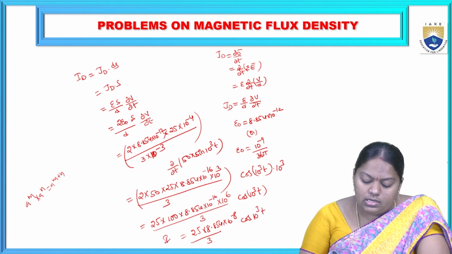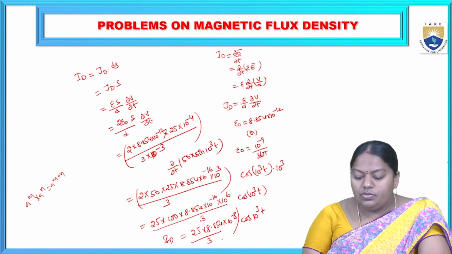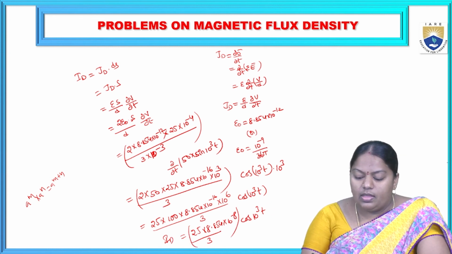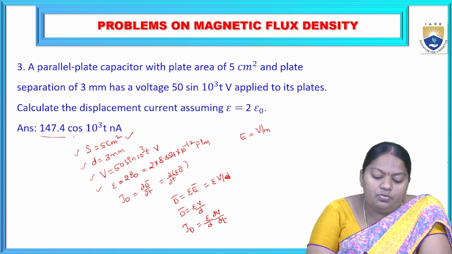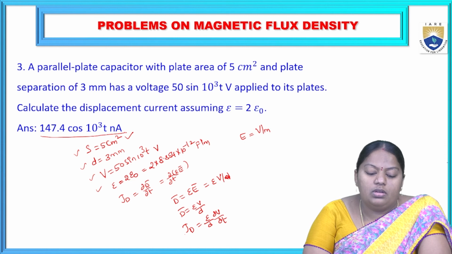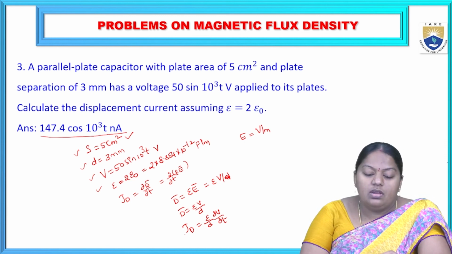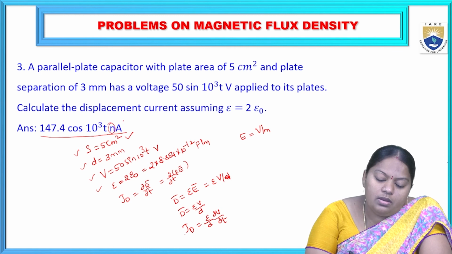Right? So this is the ID value, and if we evaluate this total thing, we get an approximate value of 147.4 cos 10 cube t nano amperes, where nano means that the value is multiplied with 10 power minus 9.